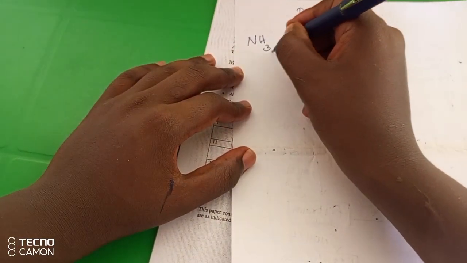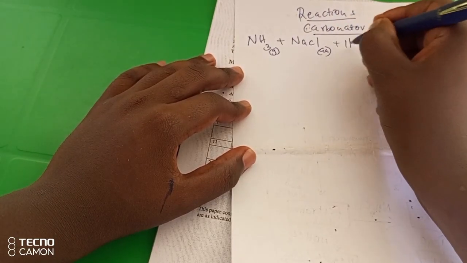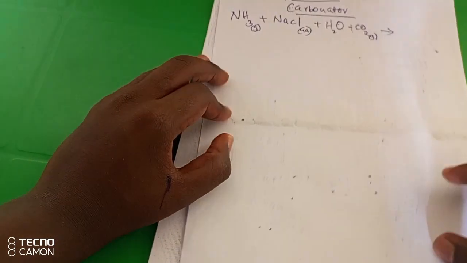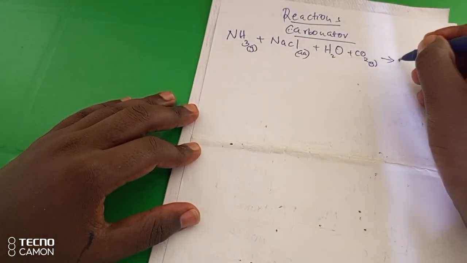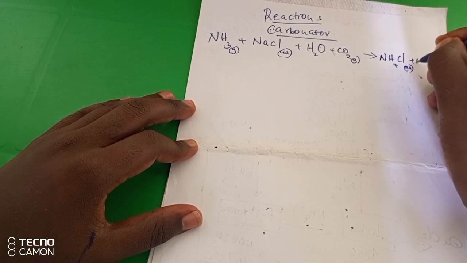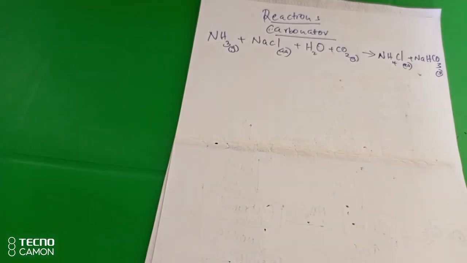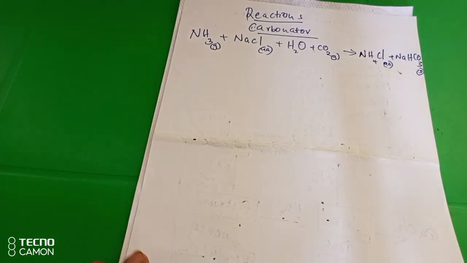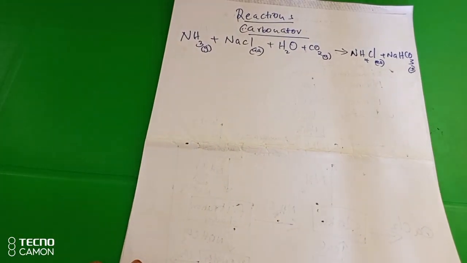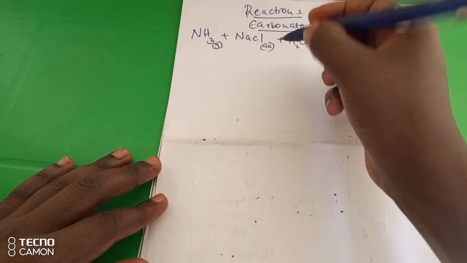Ammonia gas reacts with sodium chloride plus water plus carbon dioxide to form ammonium chloride plus sodium hydrogen carbonate. That equation is balanced.